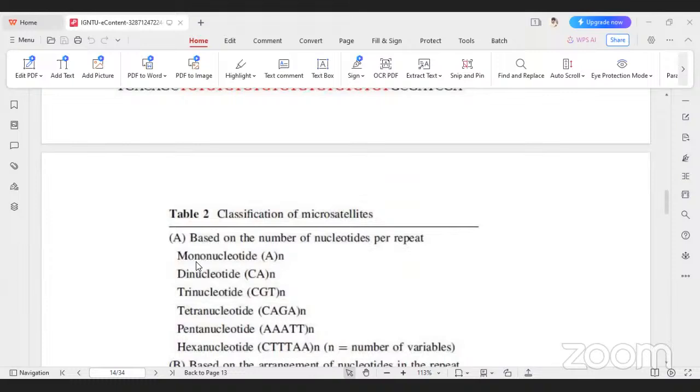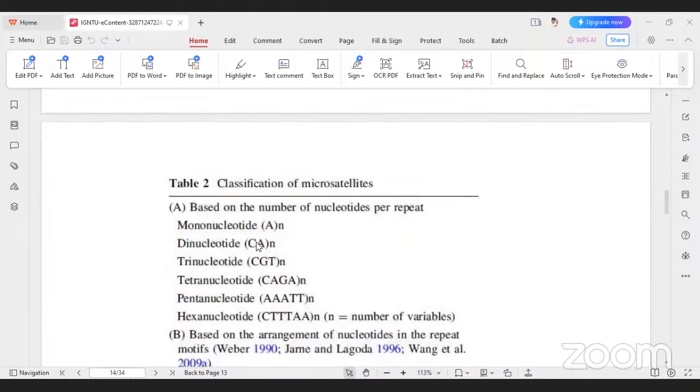Based on the number of nucleotides repeated, mononucleotide means only one nucleotide is repeated. For example, adenine, thymine, guanine, cytosine, guanine. After the formation like this, the repeat starts.